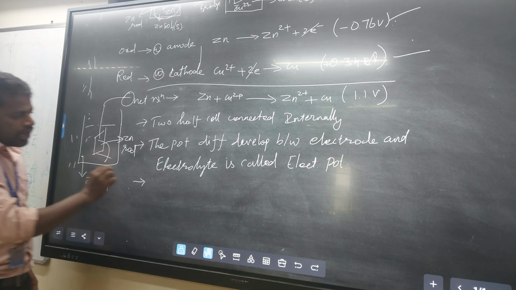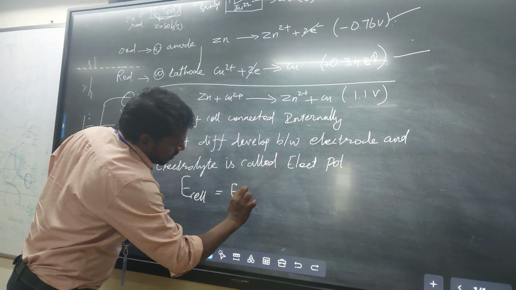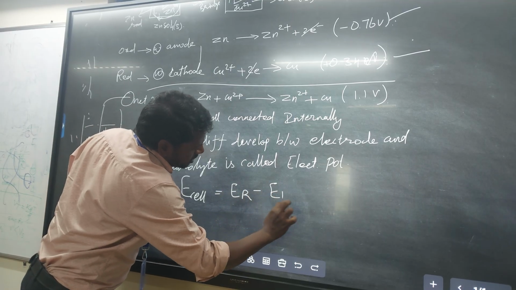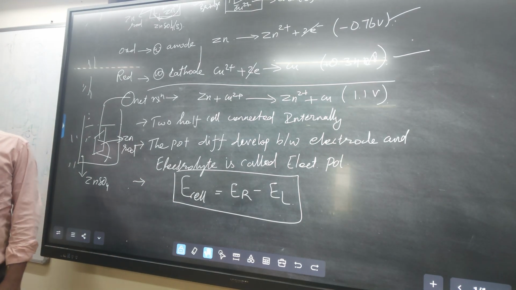How can we calculate that cell potential? E cell equals E right minus E left.